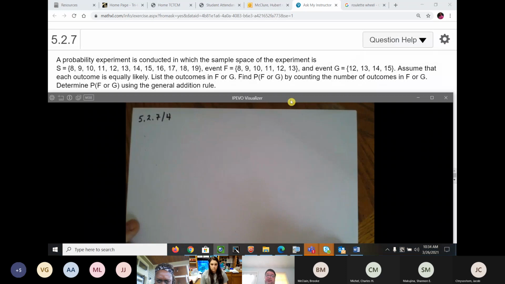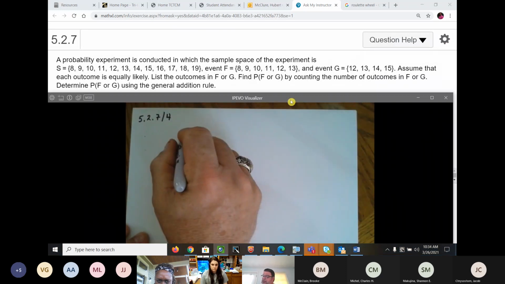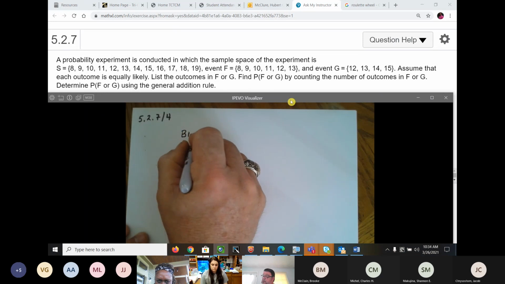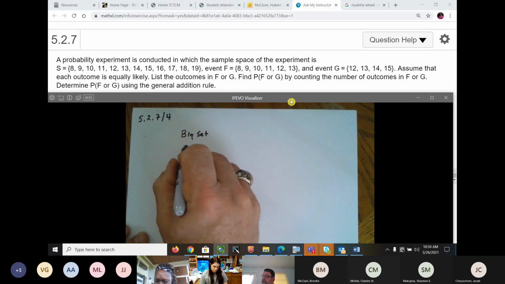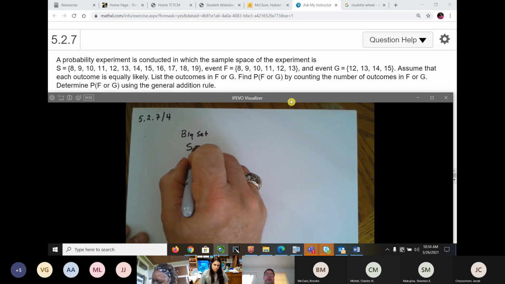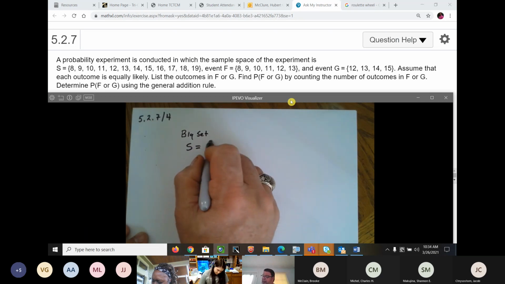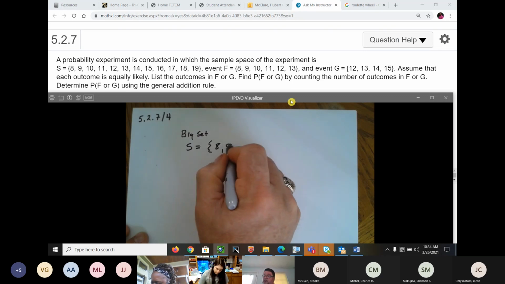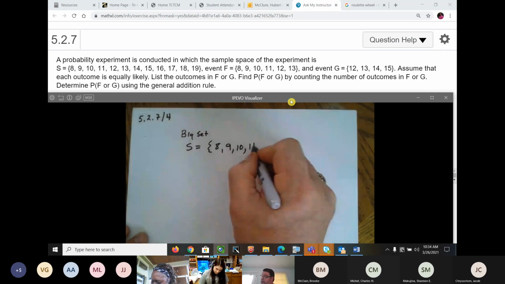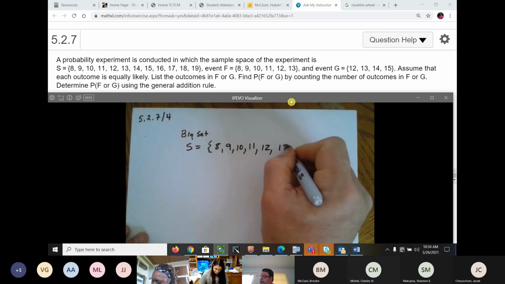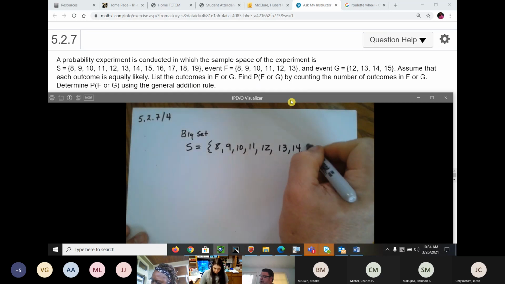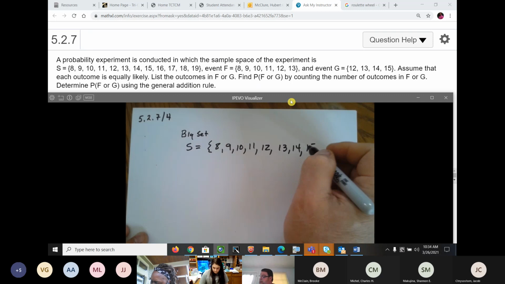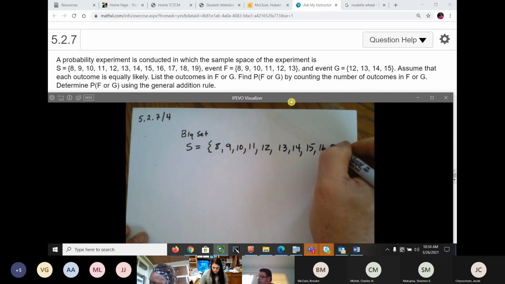First thing you need to realize is that the set that makes up the 2 sets, the big set, is S. That's why they make it a big capital S, and that means that's the whole set. 8, 9, 10, 11, 12, 13, 14, 15, 16, 17, 18, 19.